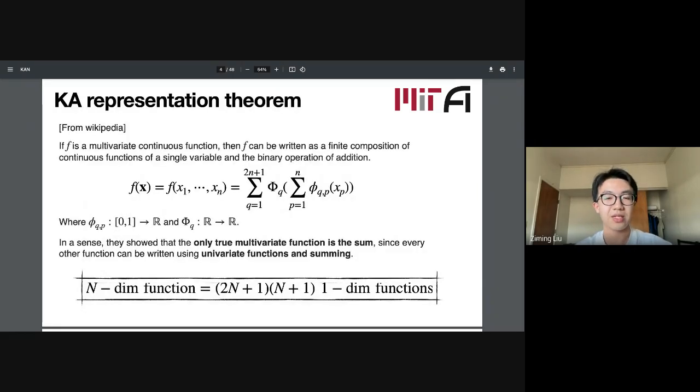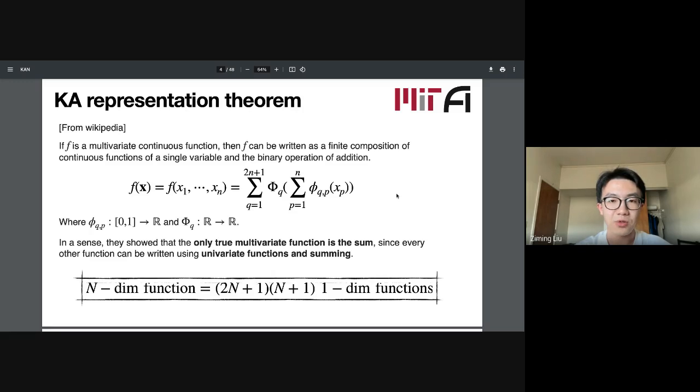The KA representation theorem, or KART for short, says that if f is a multivariate continuous function, then f can be written as a finite composition of continuous functions of a single variable and the binary operation of addition. This formula looks a bit complicated, but I will give you an intuitive diagram later, so don't worry about that.